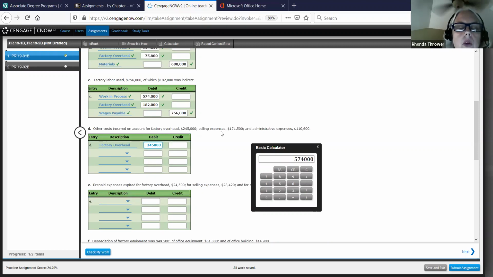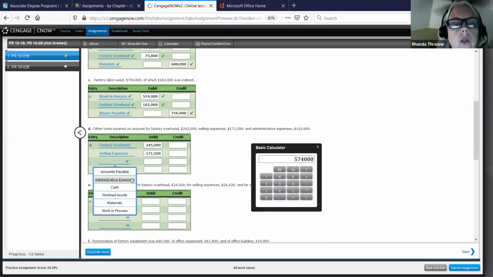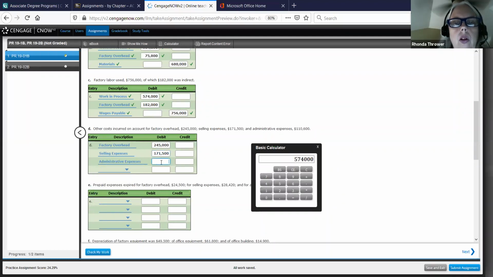It tells us that we have also incurred selling expenses of $171,500. We have incurred administrative expenses for $110,000.